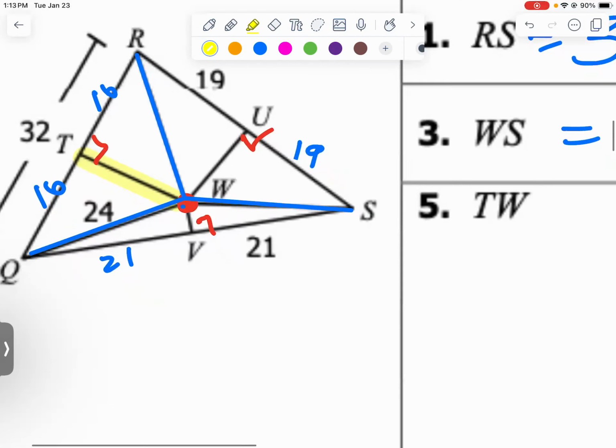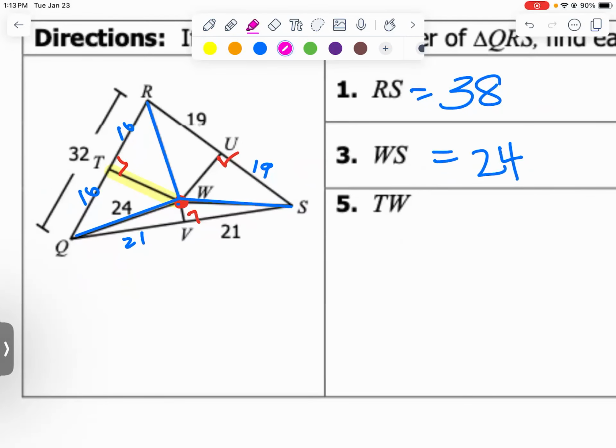The Pythagorean theorem. Okay. So in pink, I'm going to highlight a right triangle. Which one's the hypotenuse? 24 is our hypotenuse. We can say that our unknown amount squared plus 16 squared is 24 squared. If I call this little guy X.